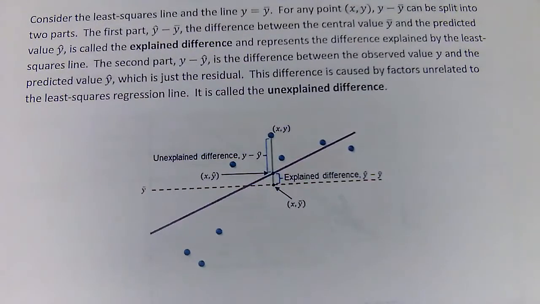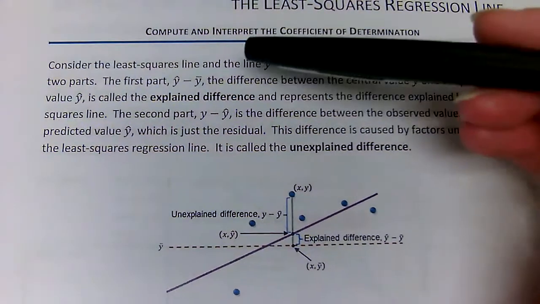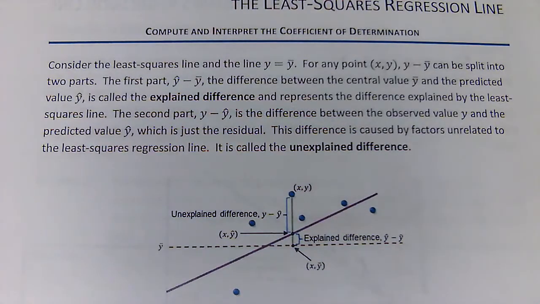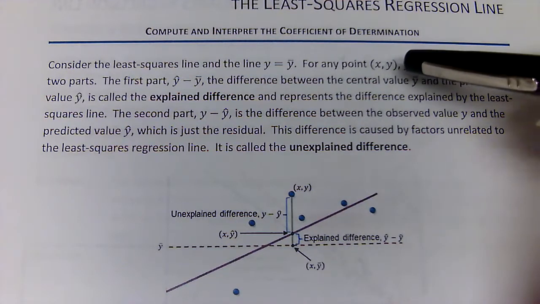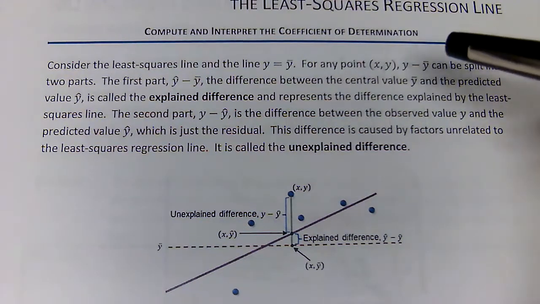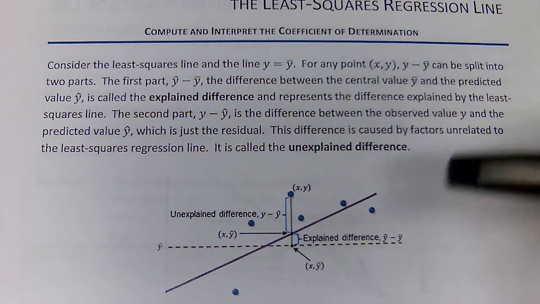Now, the next thing we're going to talk about is something called the coefficient of determination. Now, we noticed that we can have a difference in our predicted value from our observed. And those are our residuals. Now, the difference between our mean of those Y values and the predicted value is the explained difference. Like it's the line explaining the difference.